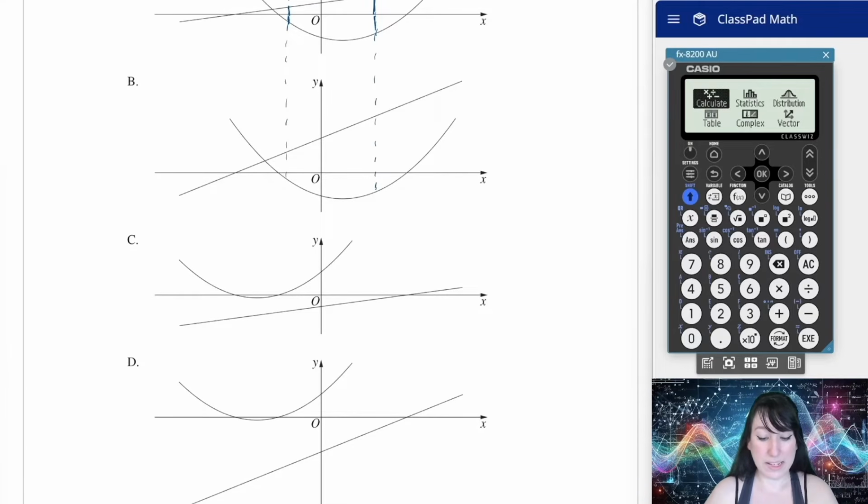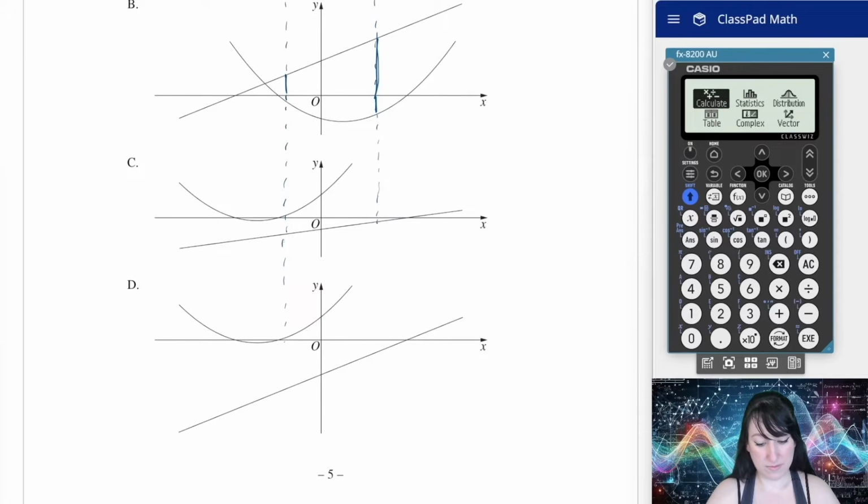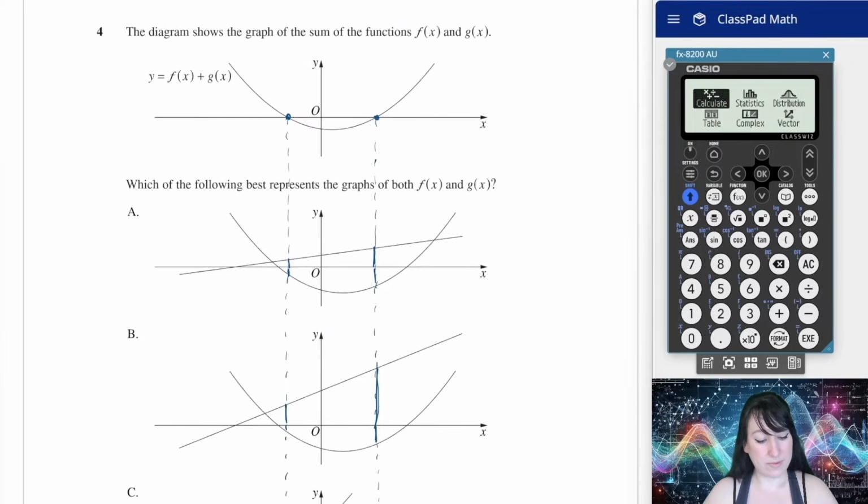So in option B, the line graph is higher above the x-axis at both points than the parabolic graph. And the graphs in option C do not appear to be equally distant from the x-axis at those points. And neither do the graphs in option D. So A is the correct answer.